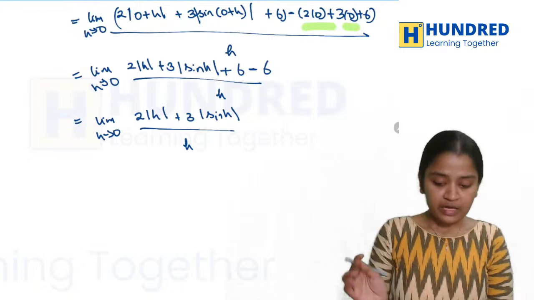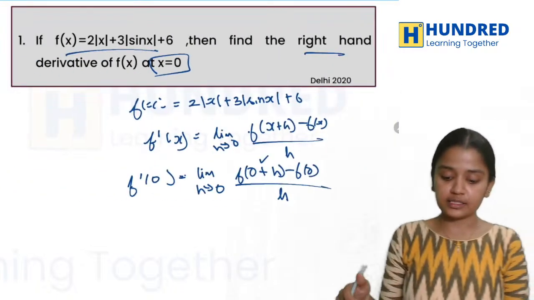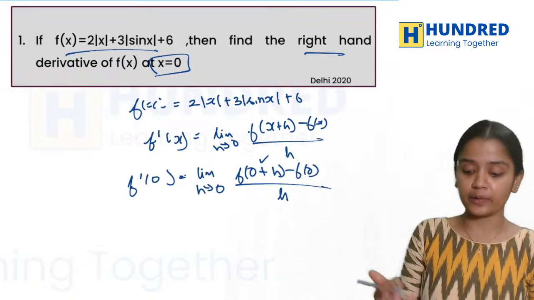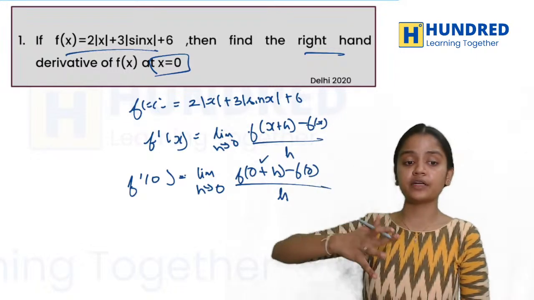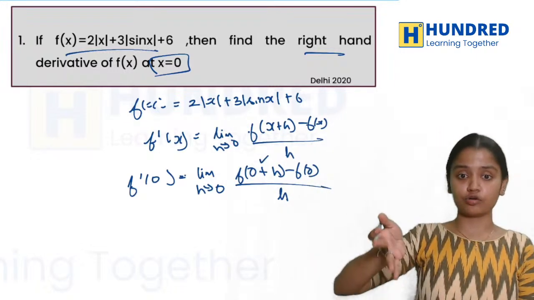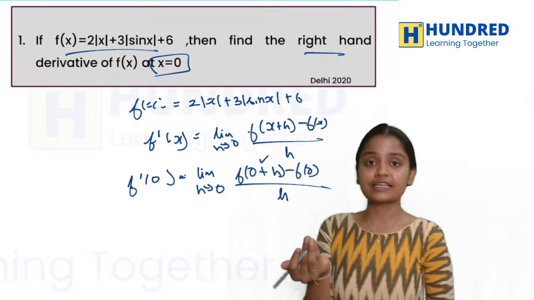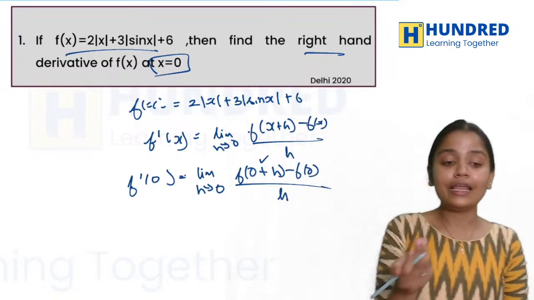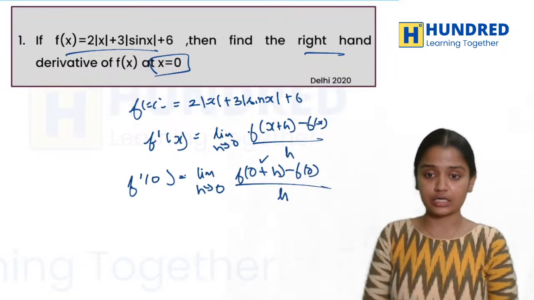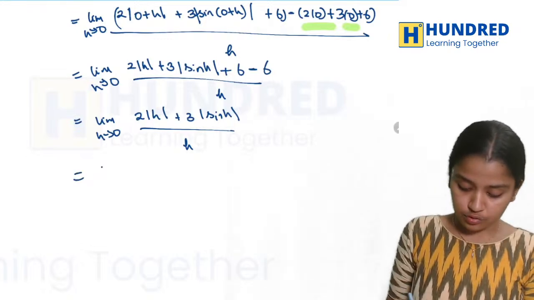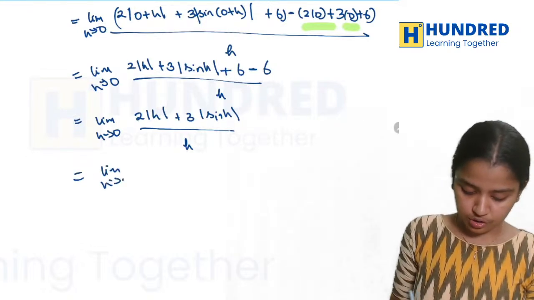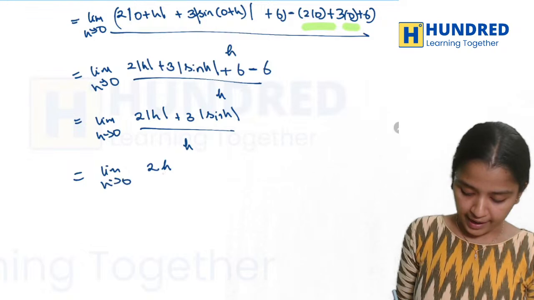Since it is the right hand derivative, h will be greater than 0. Basically, right hand derivative means greater than the particular value, and left hand derivative means less than the particular value. So it will be limit h tends to 0 of 2h by h plus 3 sin h by h.